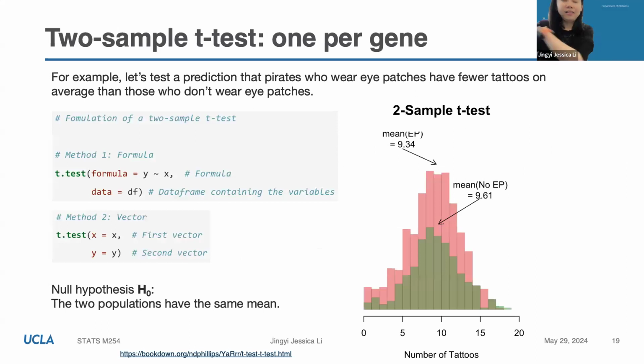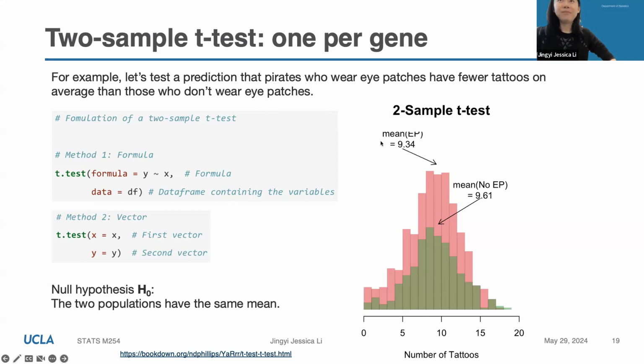Okay, now the two-sample t-test. This is what everybody learns in, again, an Intro to Stat course. Here, what we're trying to compare is two samples. This is a very interesting example I found online. It's about whether the pirates who wear eye patches have fewer tattoos on average than those who don't wear eye patches.